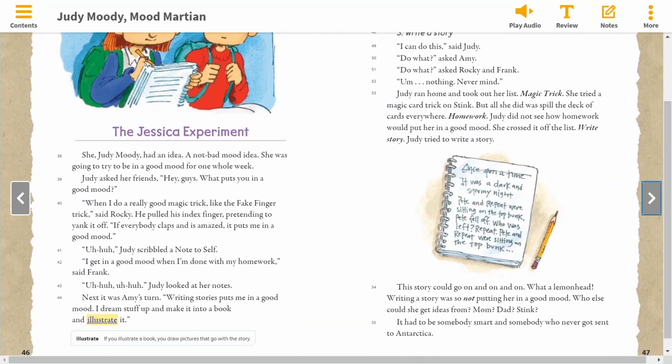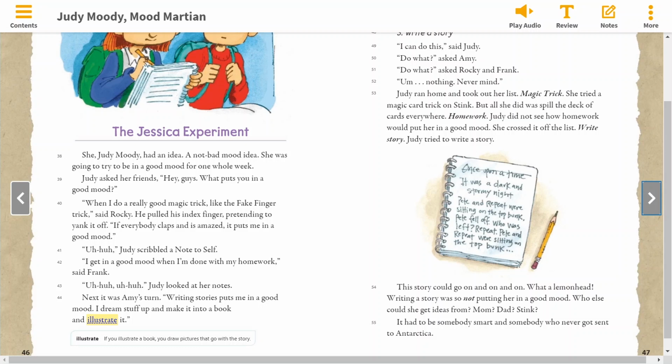It was a dark and stormy night. Pete and Repeat were sitting on the top bunk. Pete fell off. Who was left? Repeat. Pete and Repeat were sitting on the top bunk. This story could go on and on.